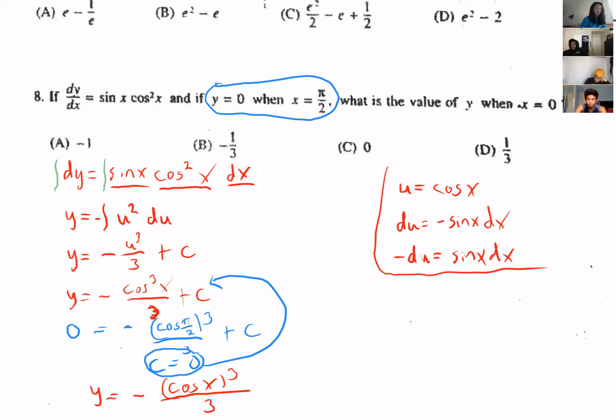But the last sentence of the problem says, what is the value of y when x is 0? So I'm going to say y of 0 equals negative cosine. What's cosine of 0? Someone speak up. 1. So this is going to simplify to negative 1/3.